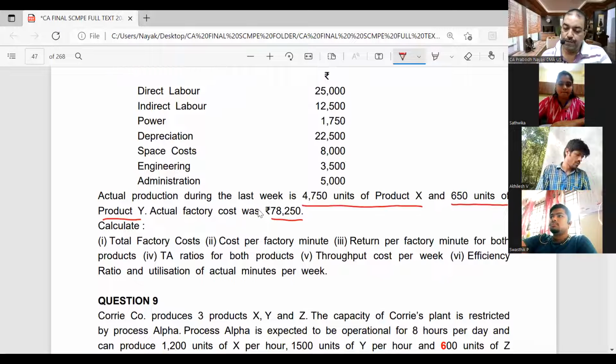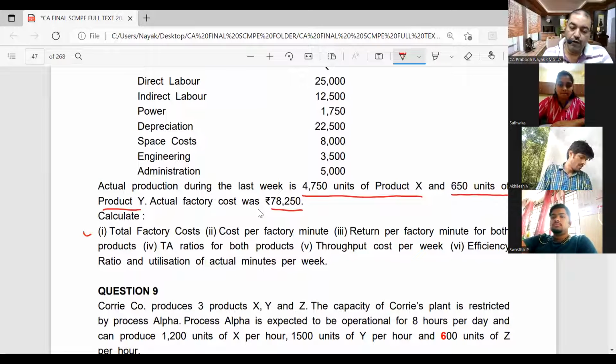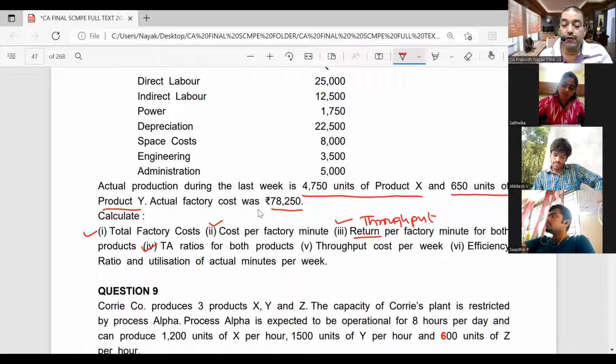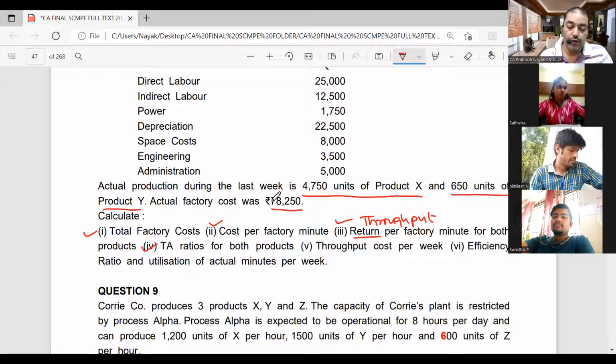Then they have asked for, so we have done total factory cost, cost for the factory minute, return is throughput. Then TA ratio we have calculated. Now to calculate throughput cost per week. Per unit we have calculated 2.5. Per unit we are producing 4,750 units of X per week and 650 units of Y per week.